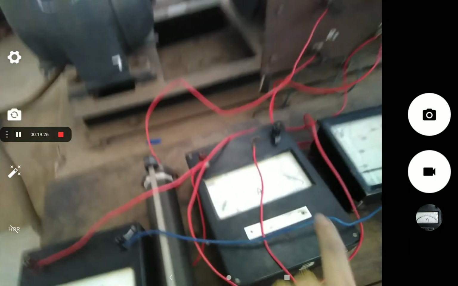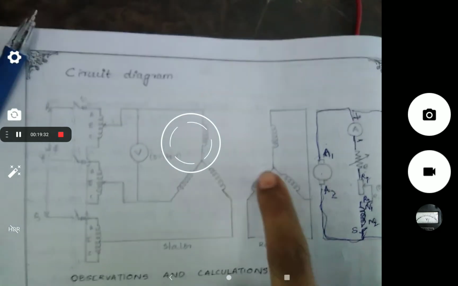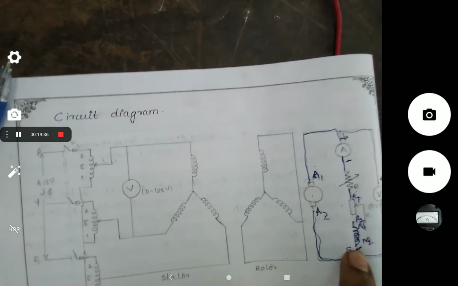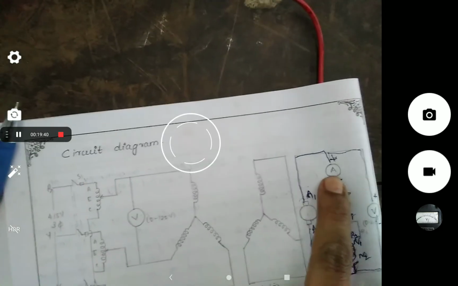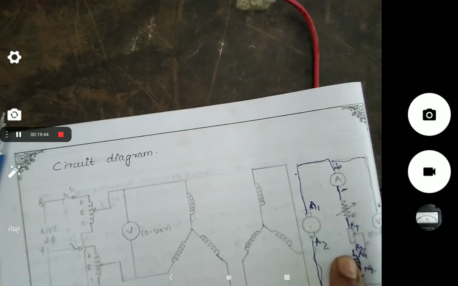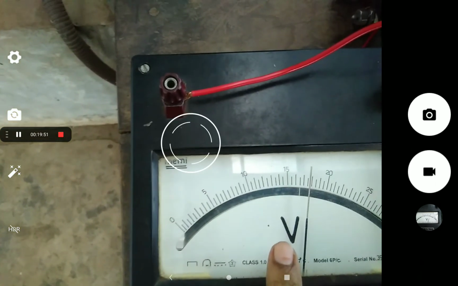So by disconnecting one point of this loop, you can see here, this is your field loop. We are not connecting a switch here, so just open one point of this loop. I have opened the ammeter point. That means there is no current through this field winding. This loop is open, so now the residual voltage is 17.5.